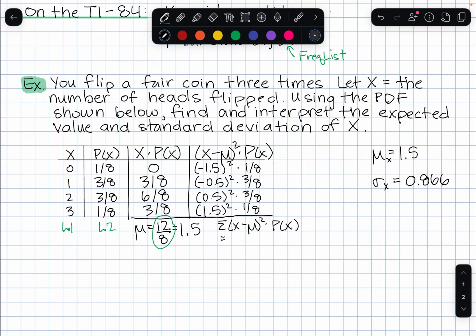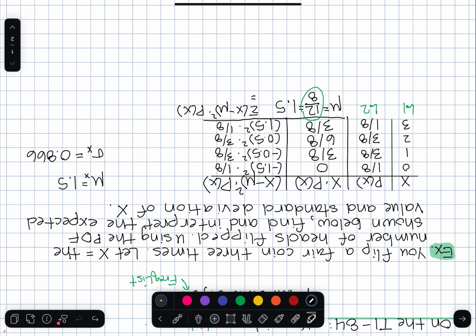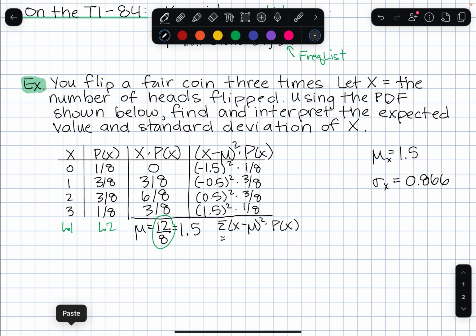Did I do that correctly? I got 10.0. That doesn't feel right to me. Oh, I missed a decimal point. I'm sorry about that. Let's try this again.